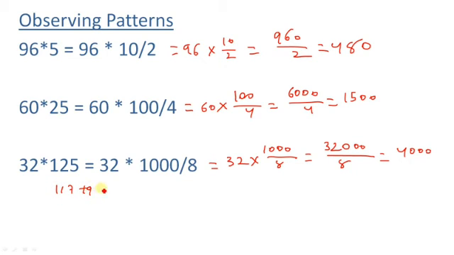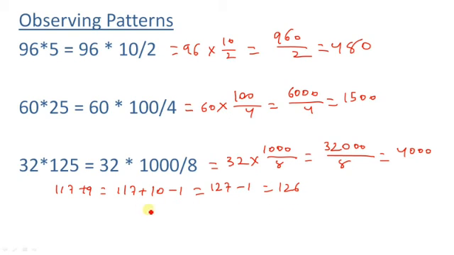We know adding 10 or 100 or 1000 is easier than adding 9, 8, etc. So 117 plus 9, we can write this as 117 plus 10 minus 1, because in place of 9 we wrote 10 minus 1. 117 plus 10 is equal to 127 minus 1. So the answer is 126.